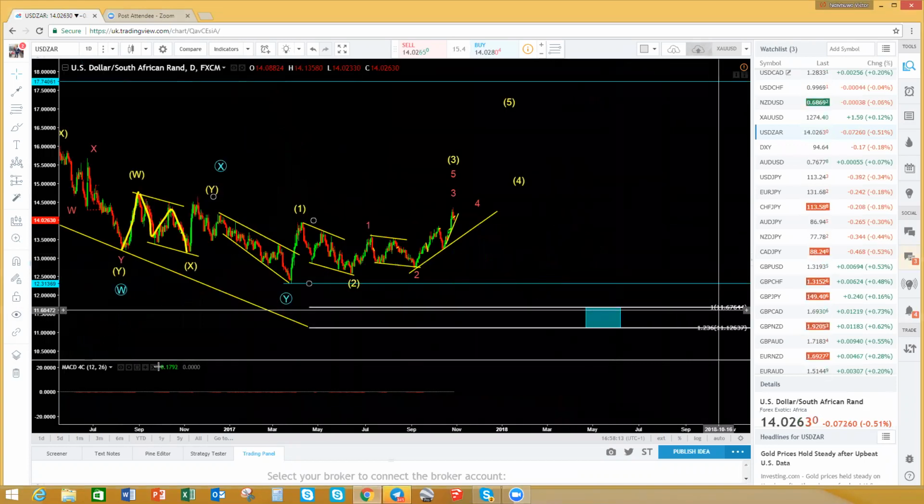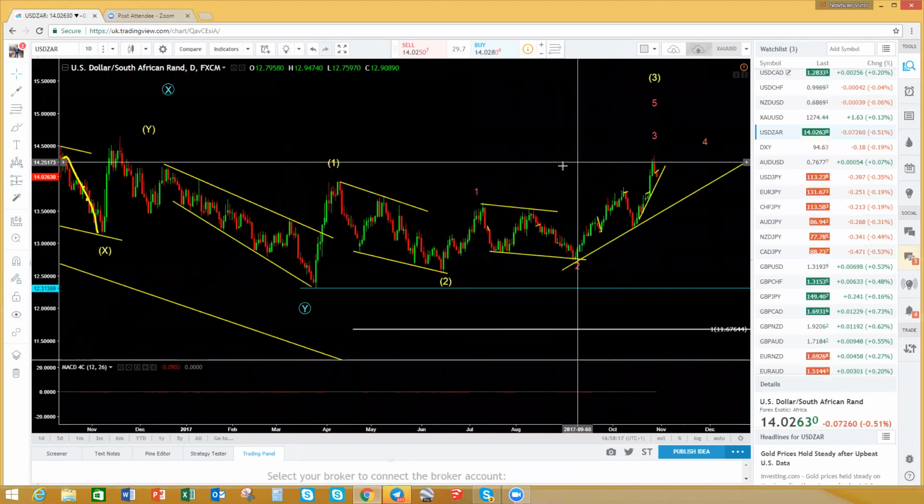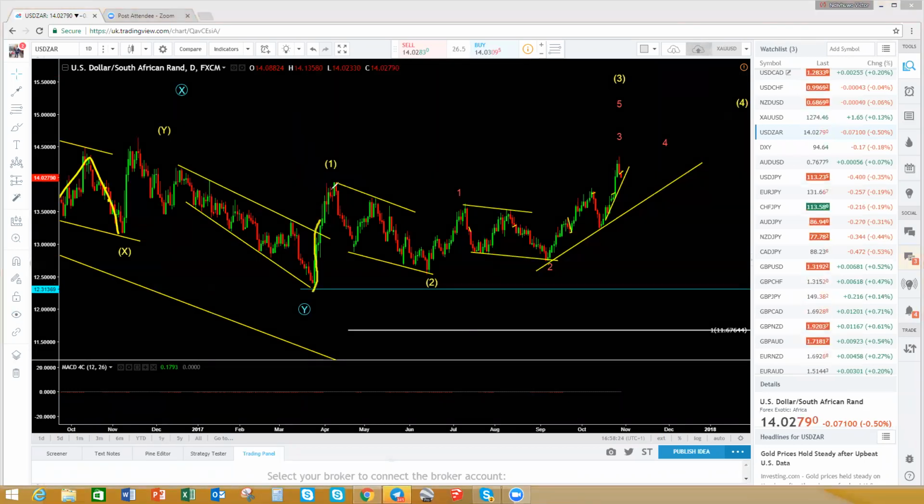Okay. If you remember pound in New Zealand, we had an impulse, and after having the impulse, it gave us this correction. 1, 2, 3. Okay. And then after that, it gave us that green one.